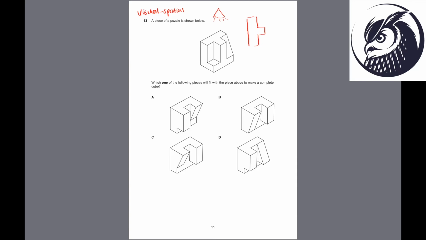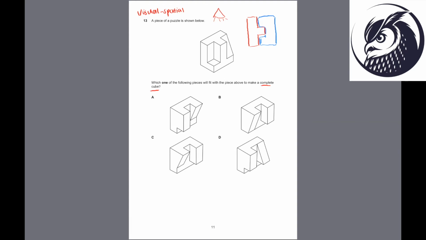Okay, and in order to make it a complete cube, I'll draw this in blue, guys, the other piece of the puzzle has to make it a cube. So it has to look like something like this, right? And that's from the top view as well. So it looks like a little C shape, right?